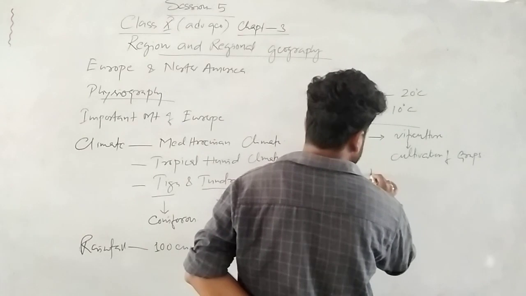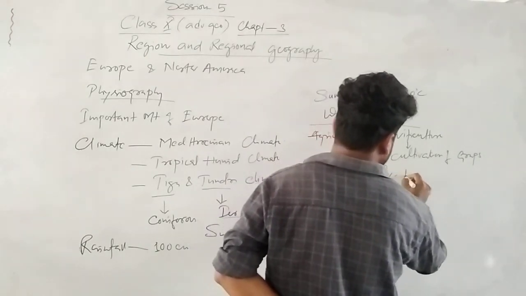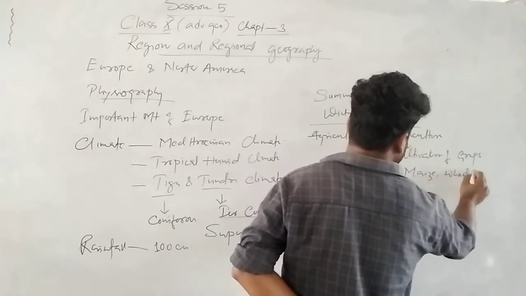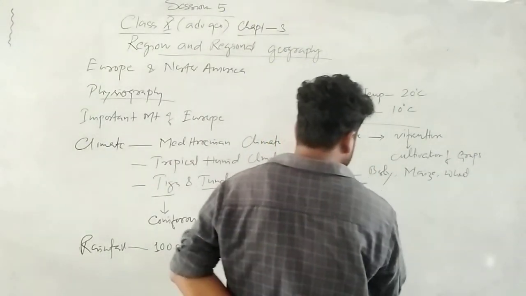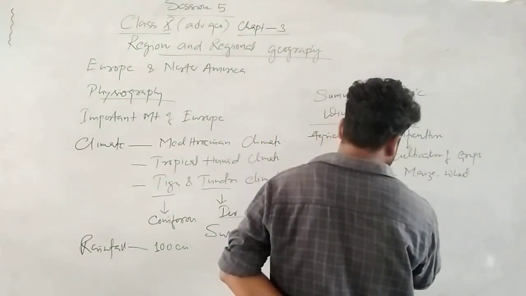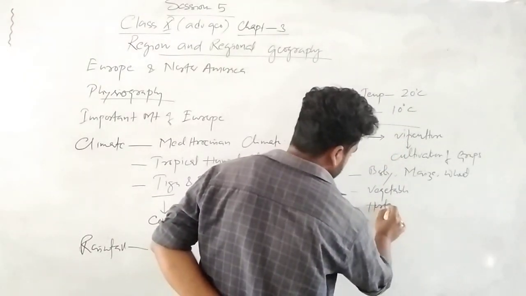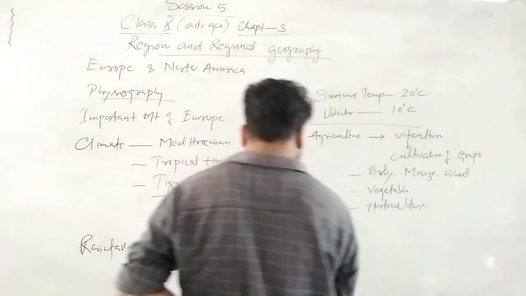Then some barley, maize, wheat. These are important agriculture here. And some vegetables. Again, Europe is famous for horticulture also. Okay.